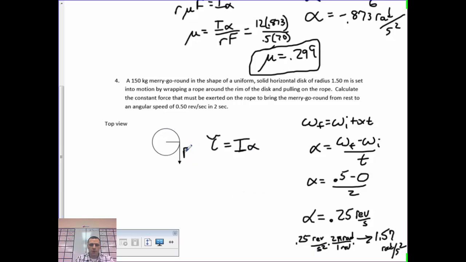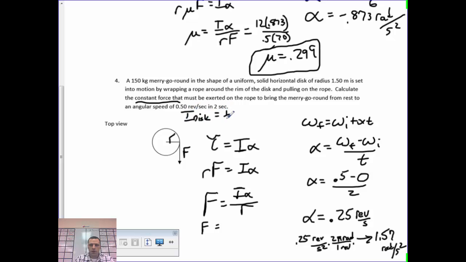Now this is a force applied at a radius, so really this torque is R F, and that equals I alpha. So force, we're looking for force, right? Calculate constant force. Force equals I alpha divided by R. Now what is I? Well, I for a disk is 1/2 m r squared.